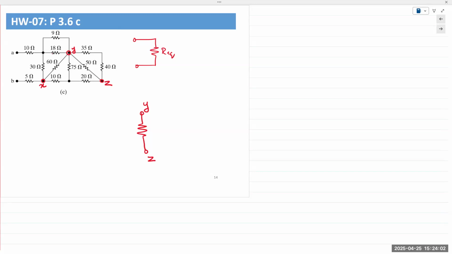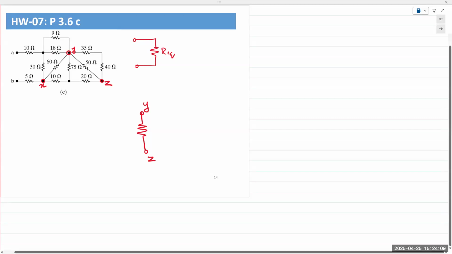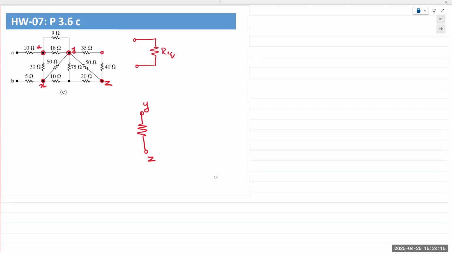So let's make this U. This would be V. And this would be W. That covers all the nodes in the circuit. A, B, U, V, W, X, Y, Z, right?